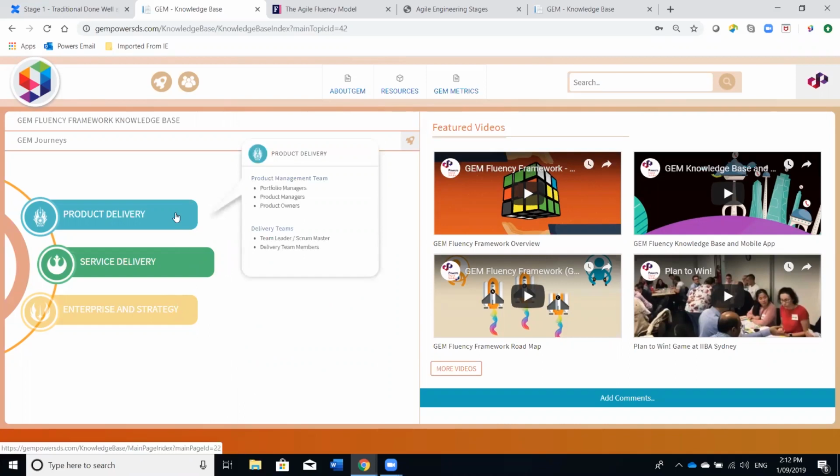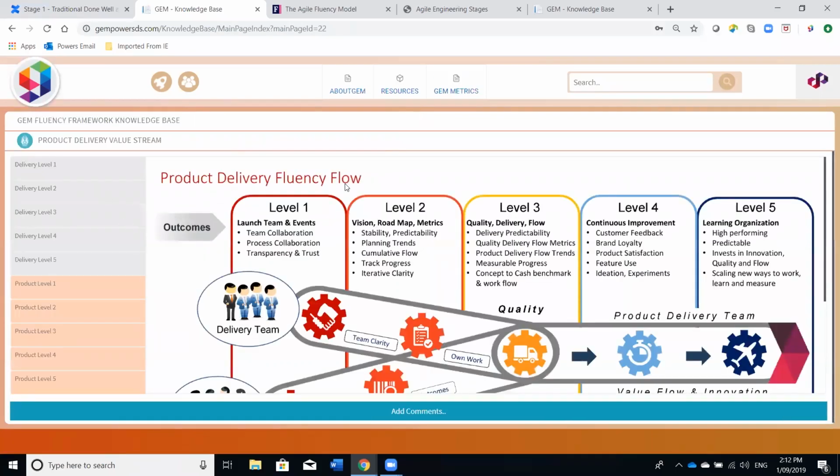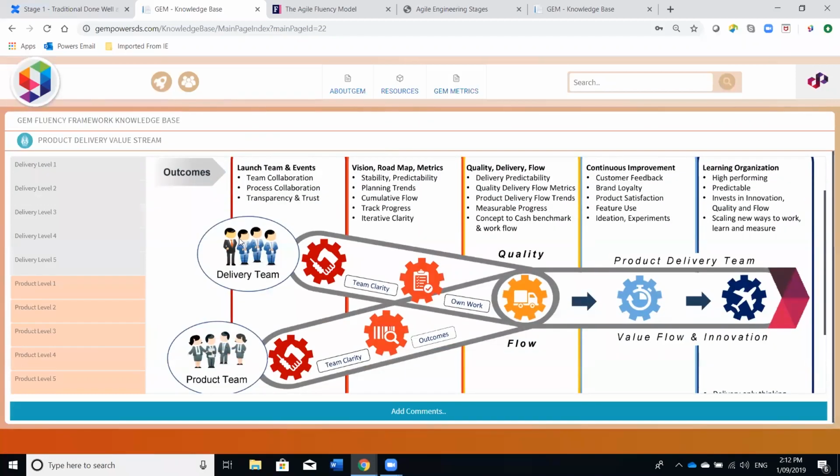If you look at product delivery, this is where your engineering team sits. You've got the product delivery fluency flow, and this is where we have our delivery team and our product team initially being apart, but how they come together and work together to create quality flow. Before the team is able to do this, it's really not worth going on too far on the Agile engineering fluency journey because it's hard to focus on engineering mastery if you don't have the support both in time and money of your product team.